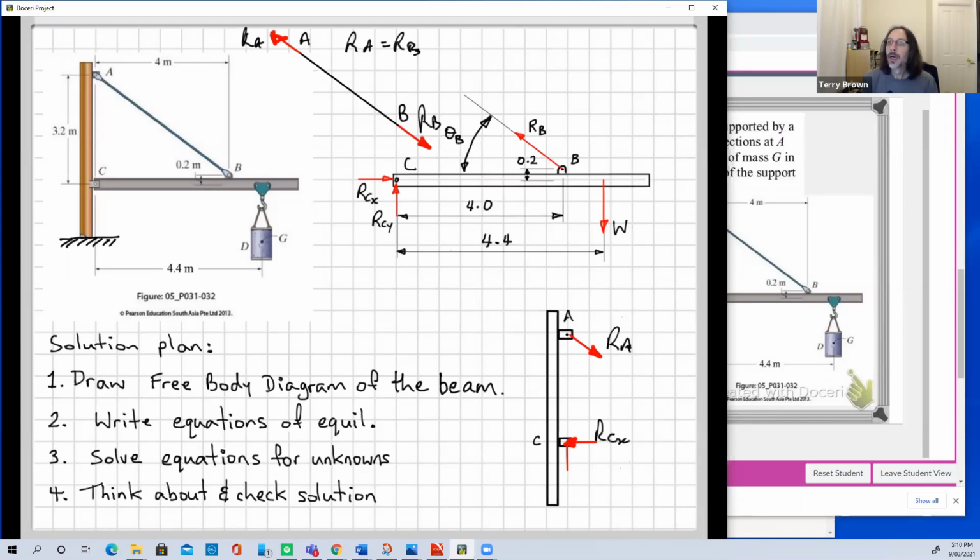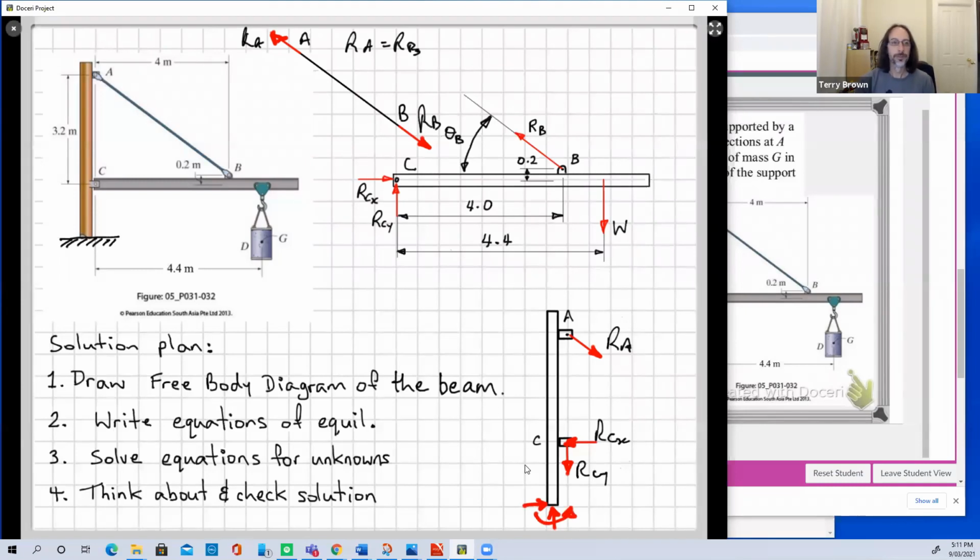And then RCY like that, and then our reactions down here. Okay, so that would be the free body diagram of the post.